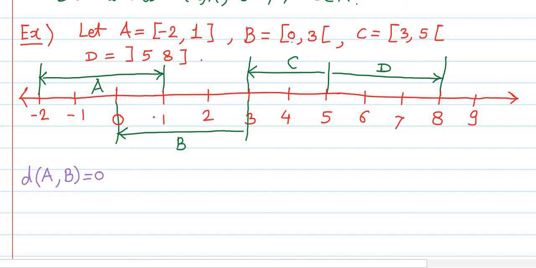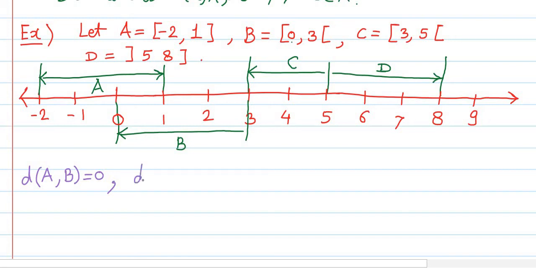So if A and B have at least one point in common, then definitely the distance between them will always be 0. However, if the distance between two sets is 0, it doesn't mean that they have a common point. That also we are going to discuss later on. So the distance between sets A and B in this case is 0.